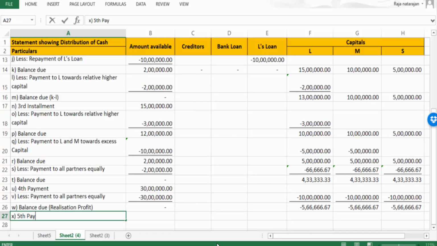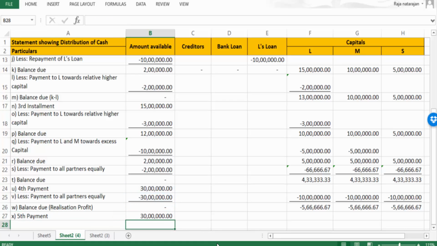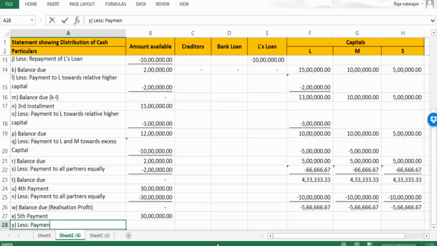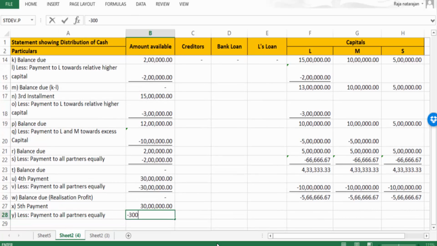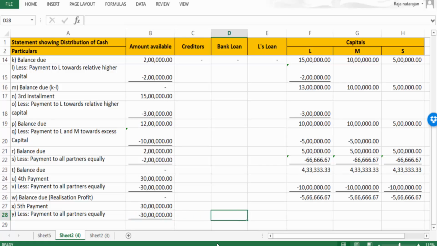Fifth payment or fifth installment, whatever we call, it's 30 lakhs, and this is going to be paid, so less payment to all partners equally, and how much? 30 lakhs will get distributed, and we land at the same calculation, right? It's going to be this 30 lakhs into 1 by 3, the same 10 lakh will go.